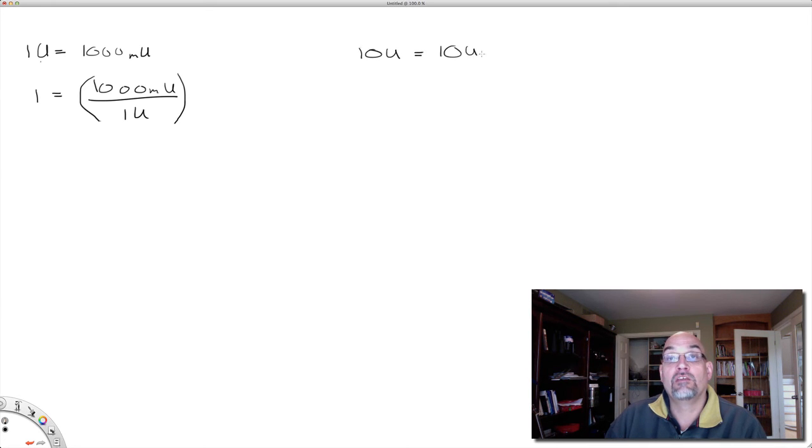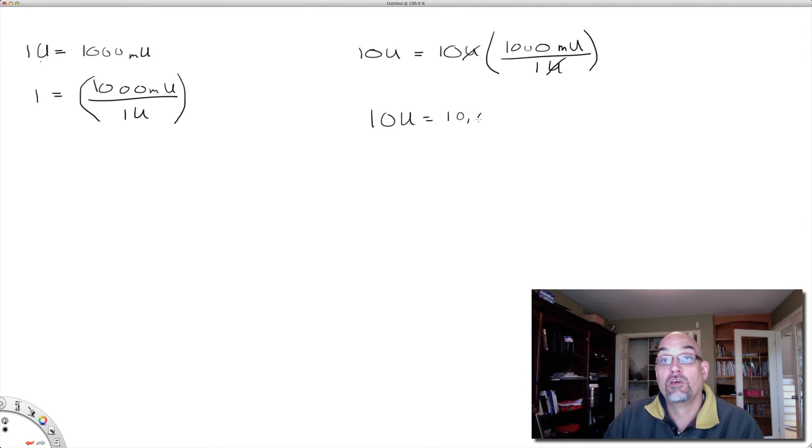That's equal to 10 units times my conversion factor of 1,000 milliunits divided by 1 unit, and so my U's cross off, I get 10 times 1,000, so 10,000 milliunits.